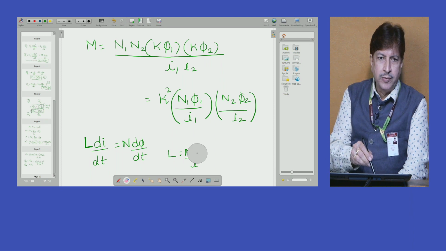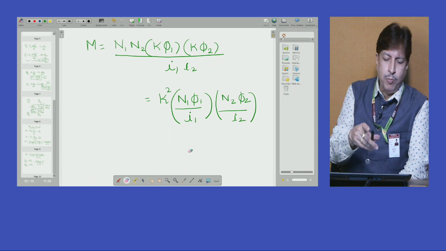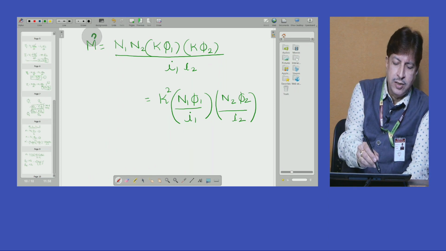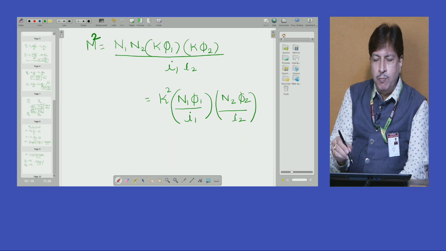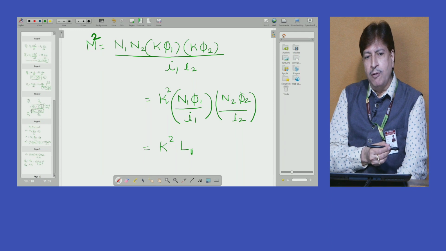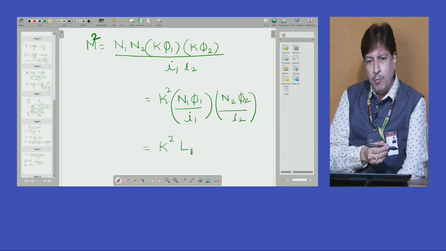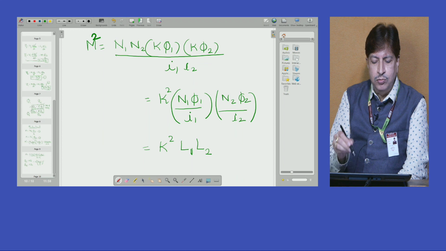Accordingly, what we are supposed to do is, in place of this N1 phi 1 by I1, I am substituting L1, self-inductance of coil number 1. In place of N2 phi 2 by I2, I am substituting L2.